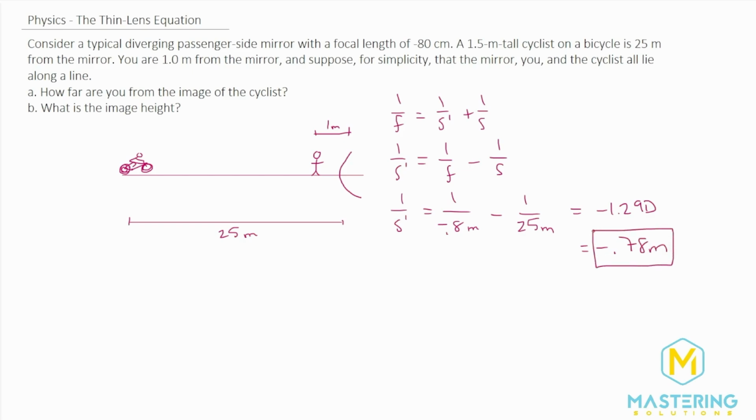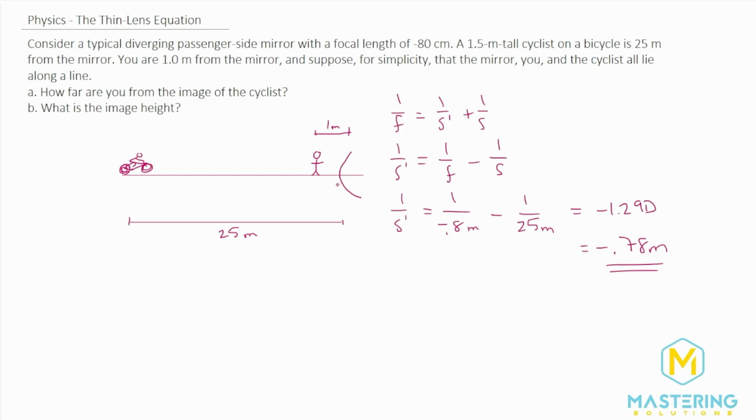That is the image distance, but we're not trying to solve for the distance of the image. We're trying to figure out how far we are away from the image. So the negative means it's a virtual image.